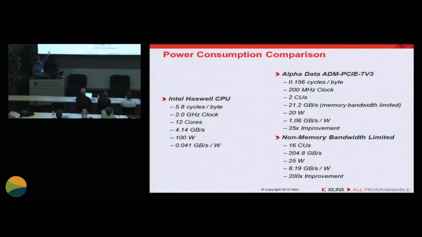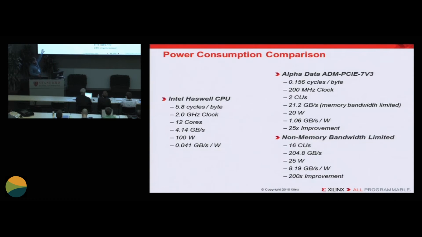So these are more or less back of the envelope calculations, but this is pretty much what we'd expect in this given situation. For an Intel Haswell CPU, the best published results I found are 5.8 cycles per byte for a SHA-1 computation. On our implementation, we're doing 64 bytes per cycle, so that's 1.56 cycles per byte. On the Alpha Data card, 200 megahertz clock, Intel 2.0, 12 cores, 2 compute units.